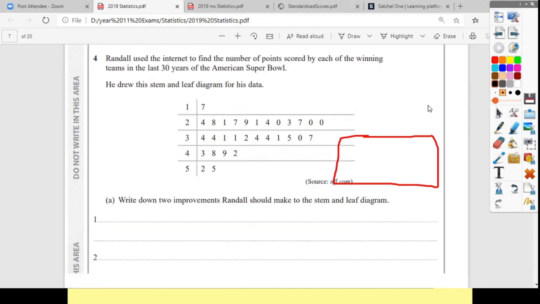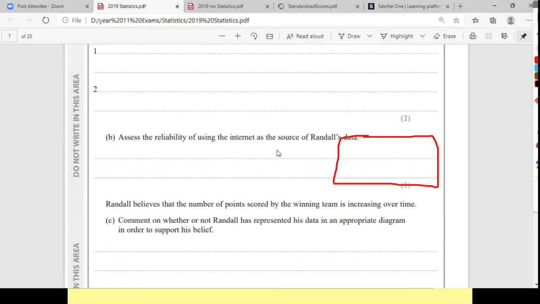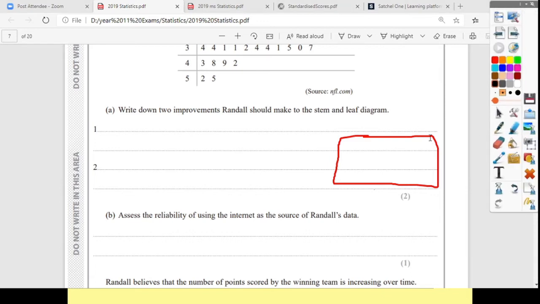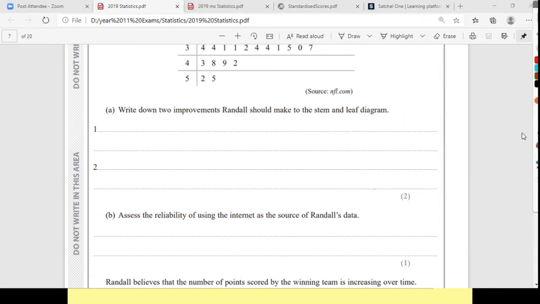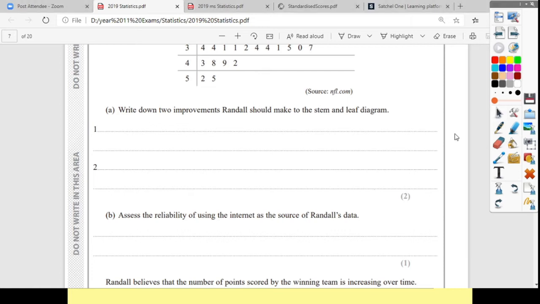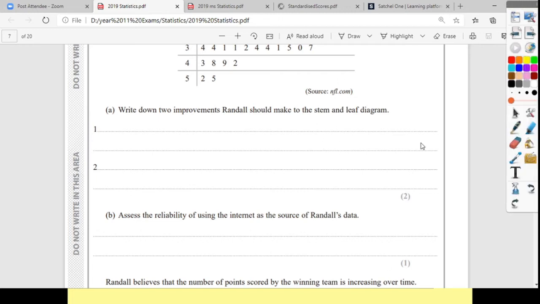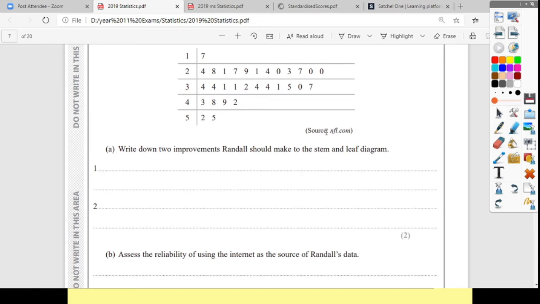Part B: assess the reliability of using the internet as a source of Randall's data. There are 2 ways you can go. You can say the internet is a secondary source, so the reliability can be questioned. You could comment that it depends on whether the website is official or not. This one here is NFL.com.